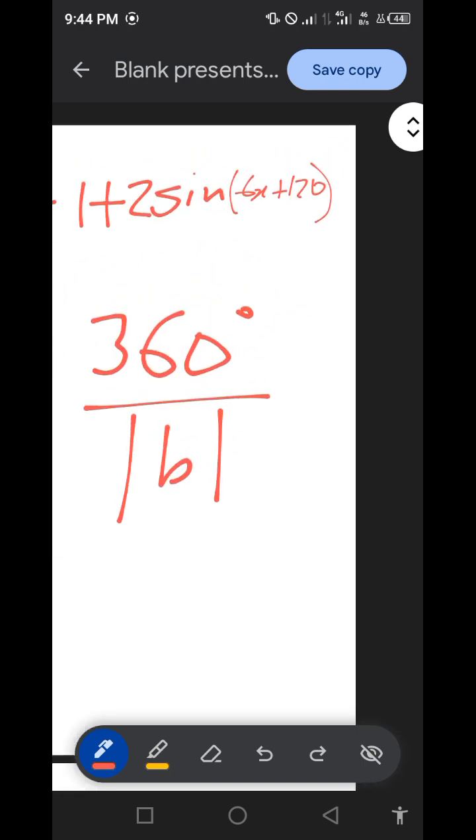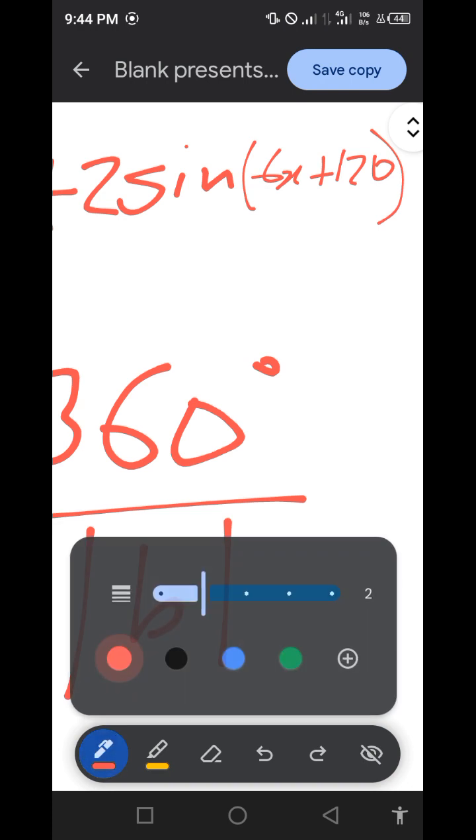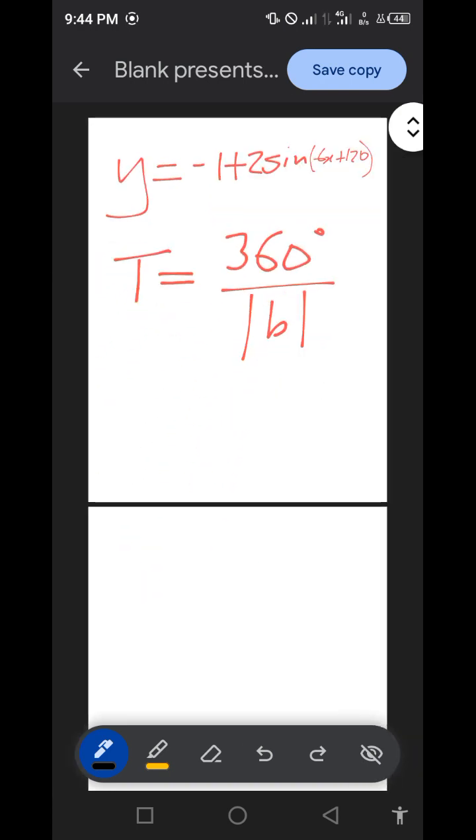Now this modulus of b is the number attached to the variable, which is 6. So the number attached to the variable is 6 there, and that is the b.